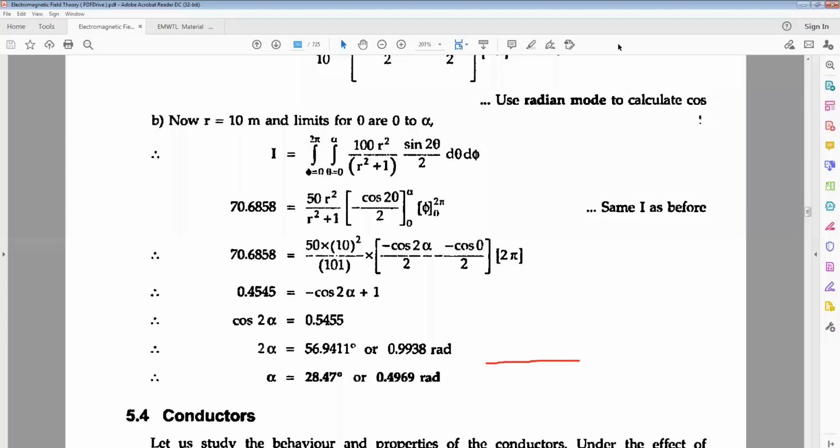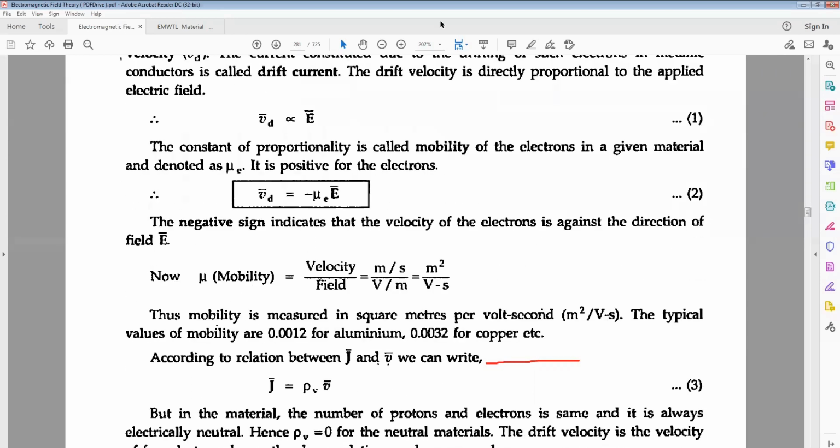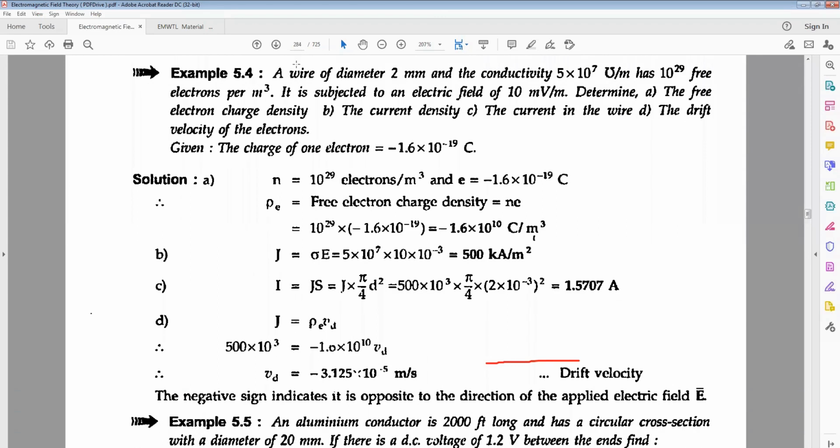The next example. A wire of diameter 2 mm and conductivity 5 into 10 power 7 mhos per meter has 10 power 29 free electrons per meter cube.